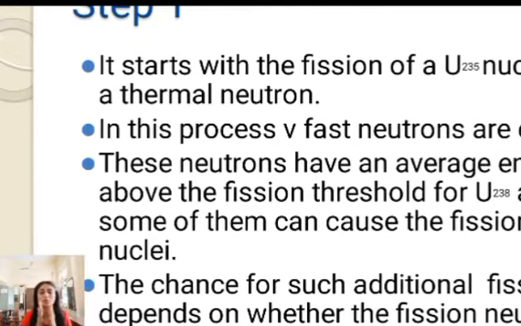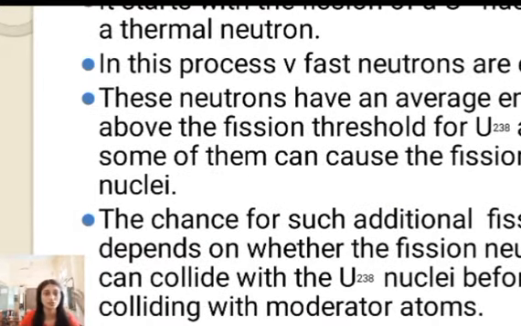Whenever we talk about nuclear fission reaction, the neutrons which are emitted during nuclear fission are fast neutrons, or they are called prompt neutrons. And the neutron which is required for fission of uranium-235 is not a fast neutron, it is thermal neutron. Okay, so keep this in mind.